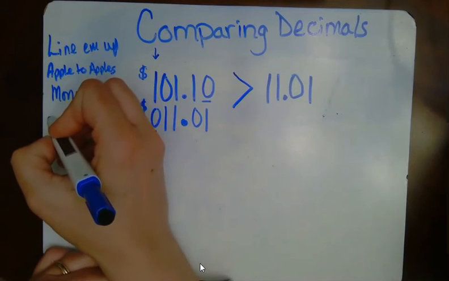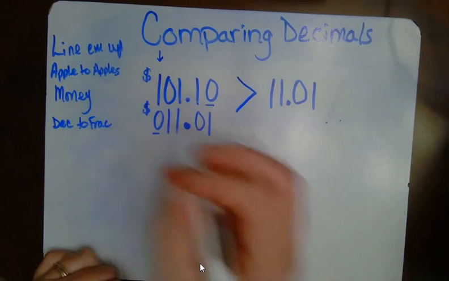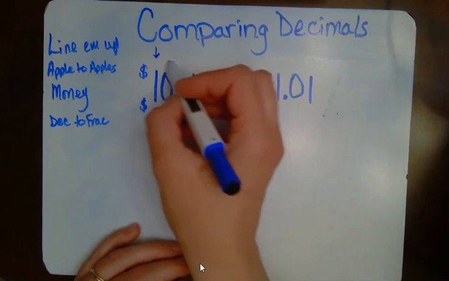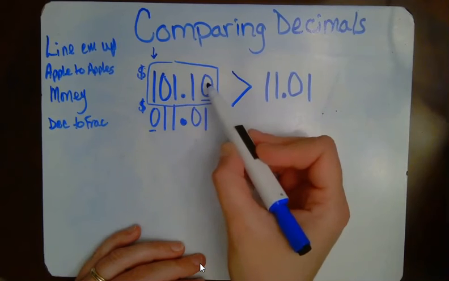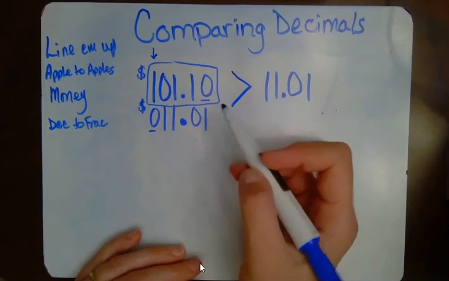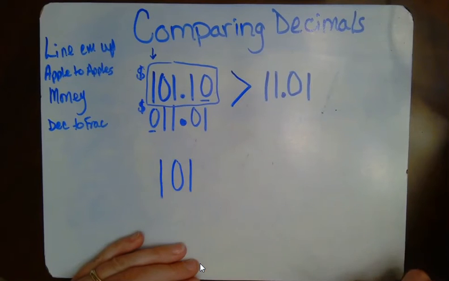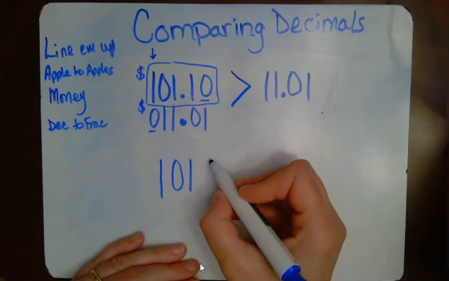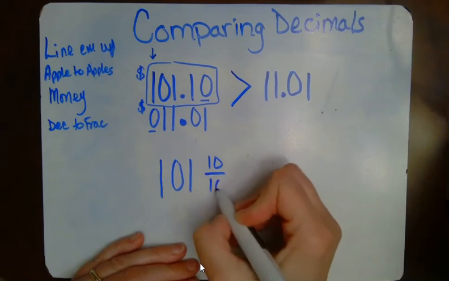You can also change your decimals to a fraction, which is something that you'll probably do as you get older. So when we look at this decimal, we had 101 and 10 hundredths. So we would write that 101 as our whole number, and I'm going to include a mixed number of a fraction, 10 hundredths.